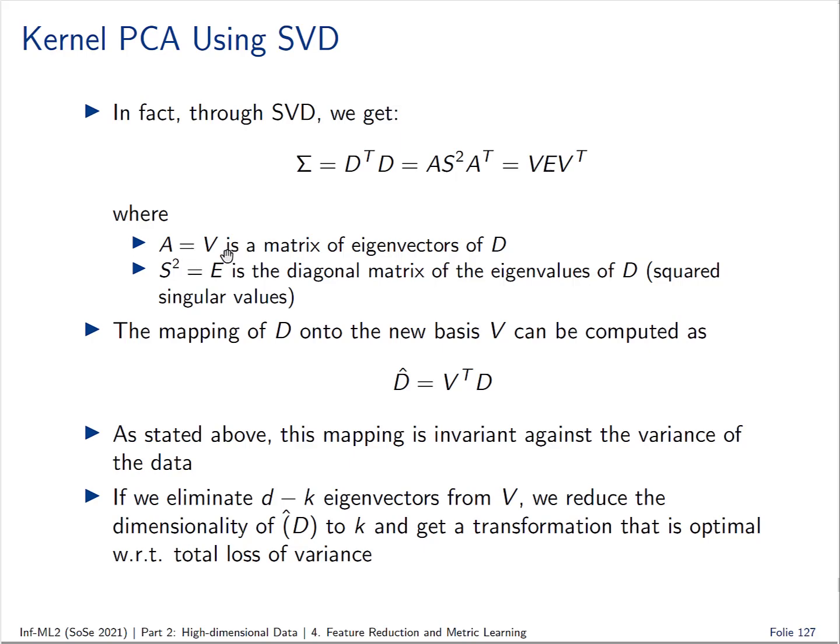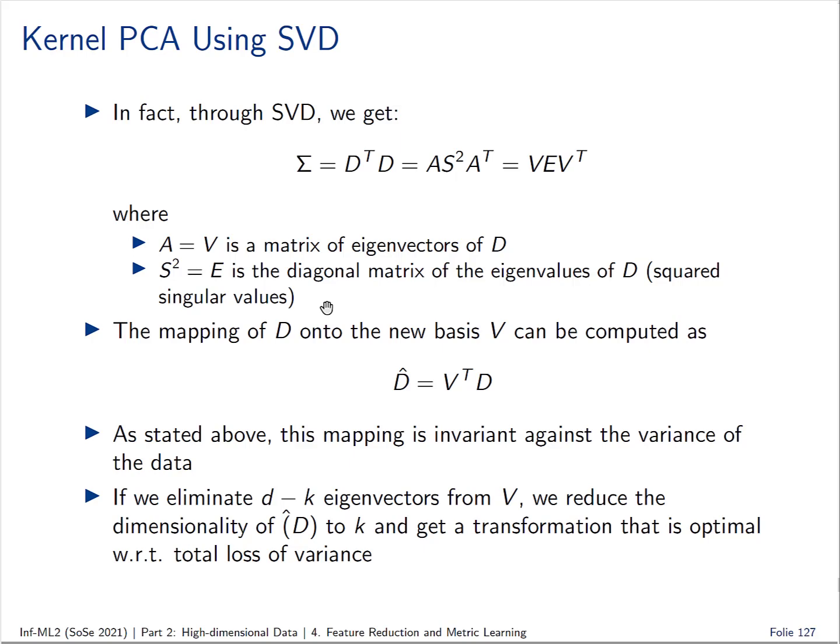So A or V here in that formula is a matrix of eigenvectors of D, and S squared here is our E, that is the diagonal matrix of the eigenvalues of D. So the squared singular values in the singular value decomposition.